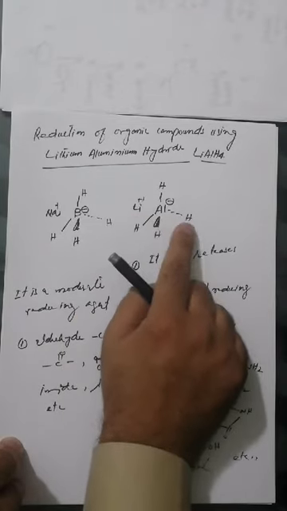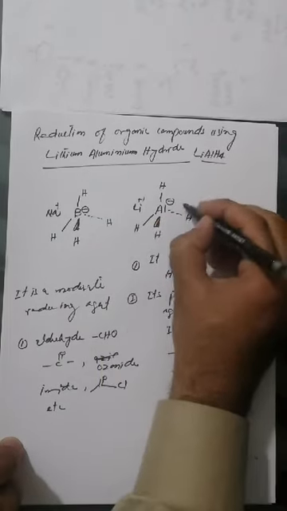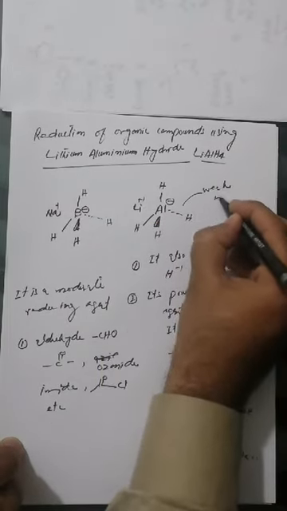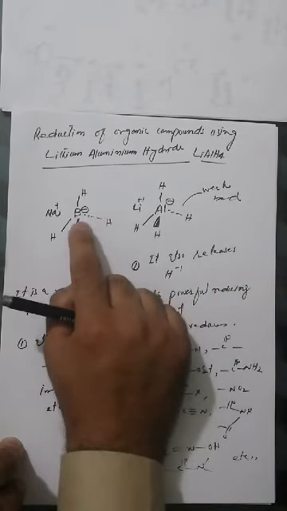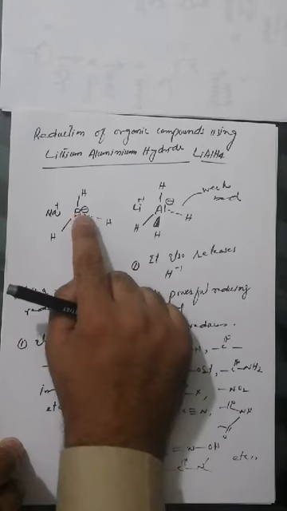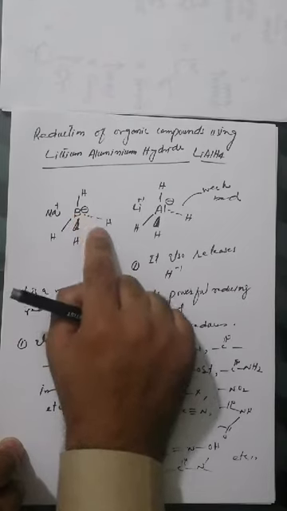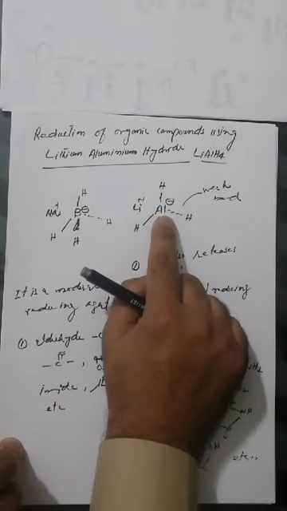The second one is that this aluminum hydrogen bond is a relatively weak bond as compared to boron hydrogen. Why? Because boron is relatively electronegative. It can accommodate this negative charge, so it binds this hydrogen more strongly, while aluminium is a little bit electropositive.